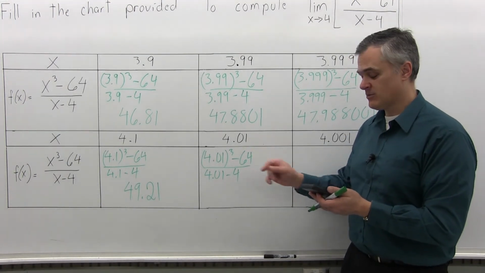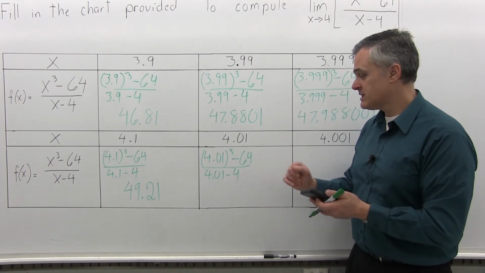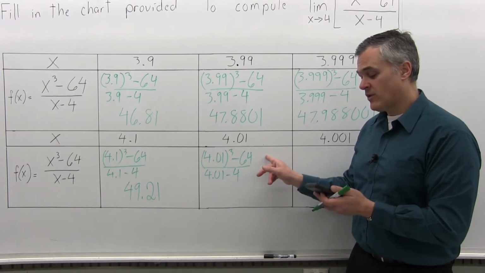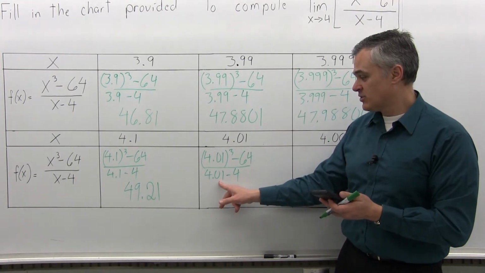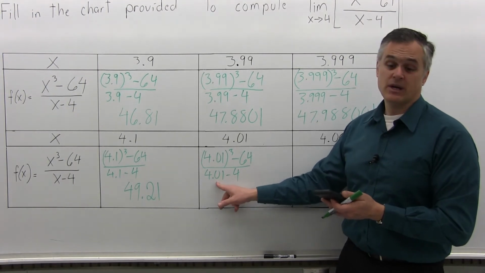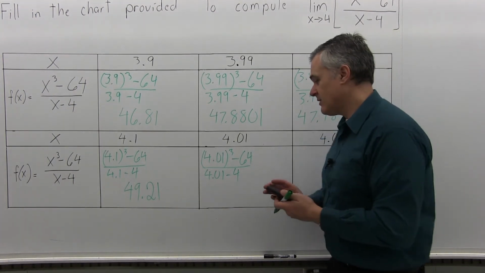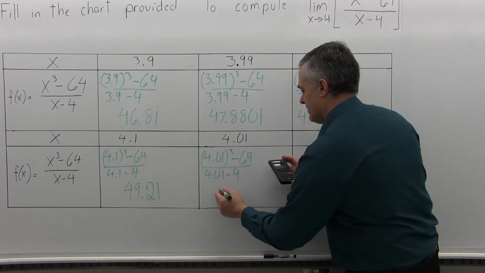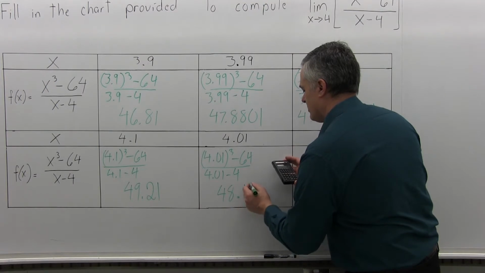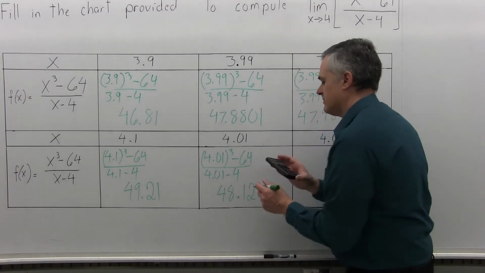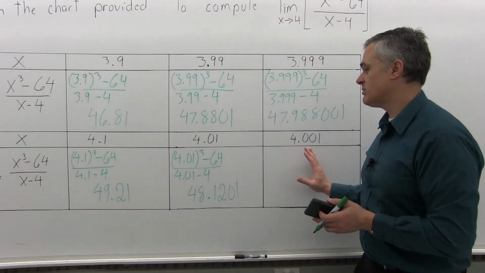I'm going to subtract 64 from that. So minus 64 equals. The numerator, I get 0.481201. I'm going to divide that result from the numerator by 0.01. I can see that's what it's going to be. And the overall final answer I get is 48.1201. So my output does look like it's getting close to 48. We'll do the next box just to make sure.